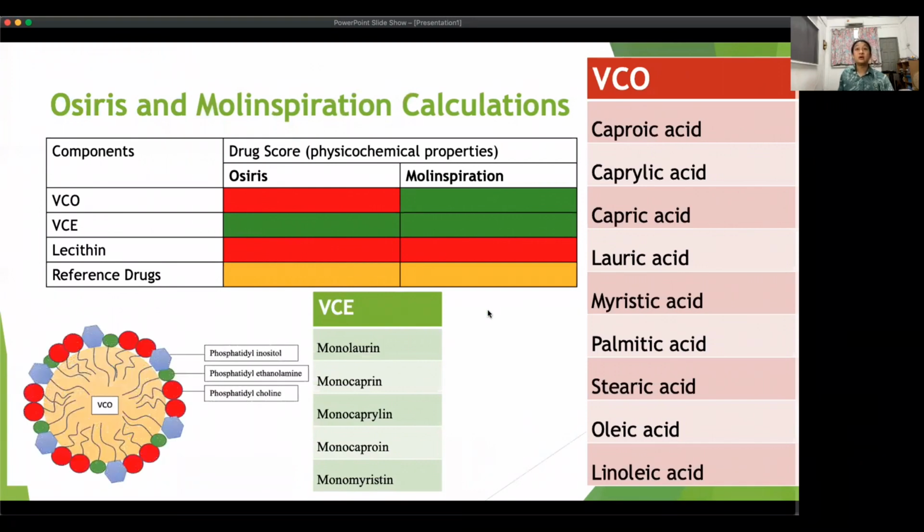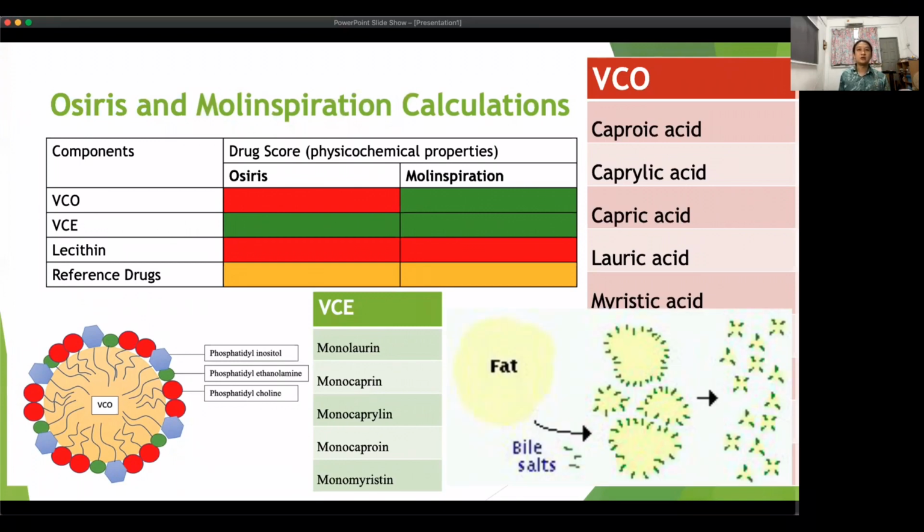If you are wondering why all the components used for VCE were monoglycerides: when we drink the VCE, it is already emulsified, so it doesn't require bile acid to be emulsified again.